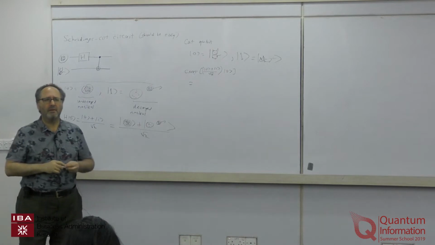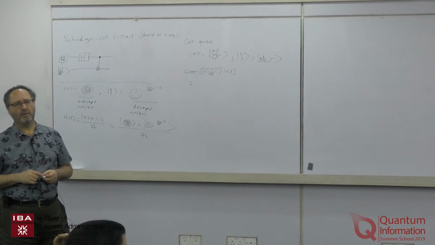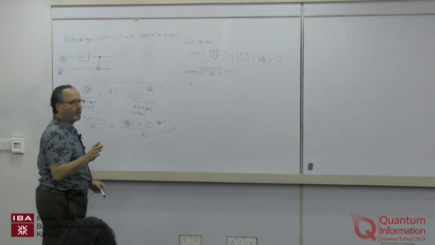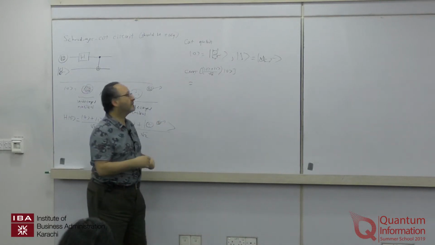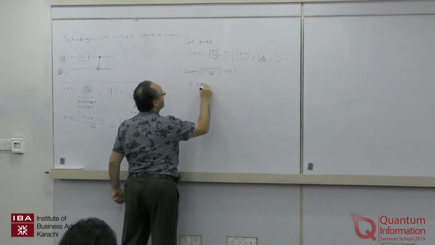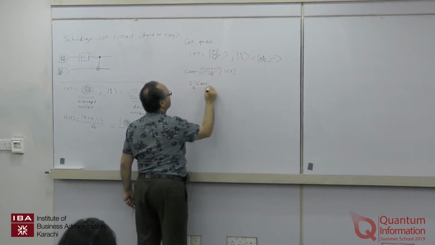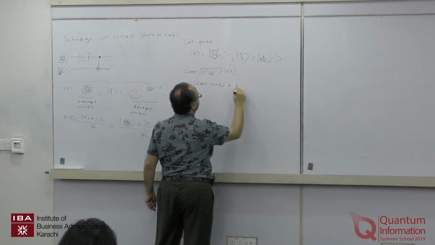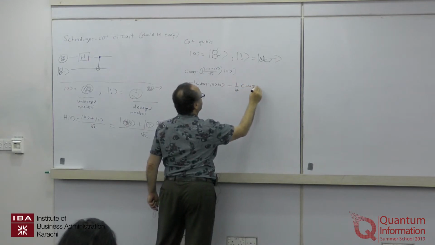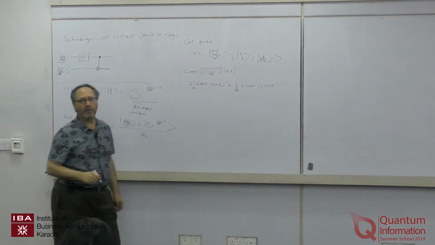Based on the control bit, after we do our tensor product. Okay, but the first step, you're right. You're doing a couple things at once. First thing is just linearity. So this is equal to C0 of 1 over root 2 of 0, 0, plus 1 over root 2 of C0 of 1, 0, right? Okay, now you can go ahead.